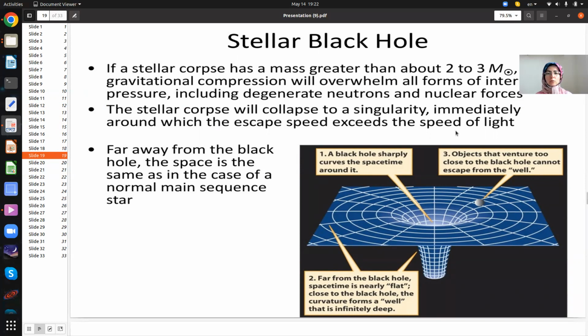The stellar corpse will collapse to a singularity, immediately around which the escape speed exceeds the speed of light.